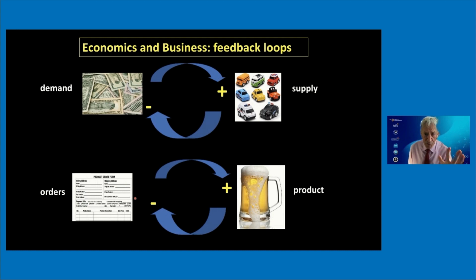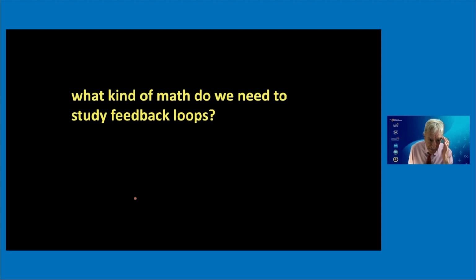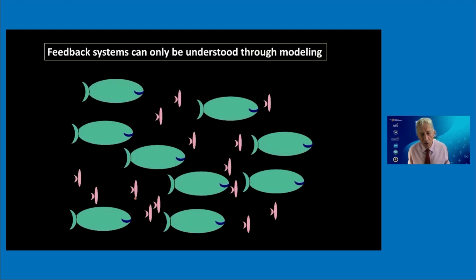So feedback loops are everywhere. And the question is, what kind of math do we need to study feedback loops? And the answer is feedback loops can only be understood through modeling.